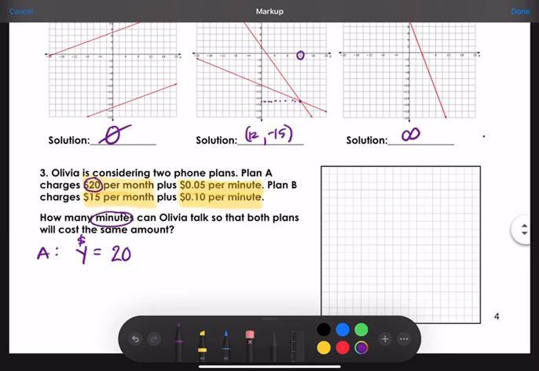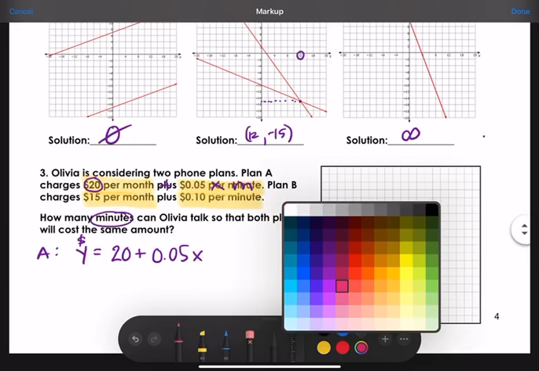Plus, each month she's also going to pay 5 cents per minute. So I can write that as a decimal for now. And that's per minute, so times however many minutes she is talking. So I'm going to represent minutes by x. Okay, so this is Plan A. She's going to pay $20 plus 5 cents per minute.